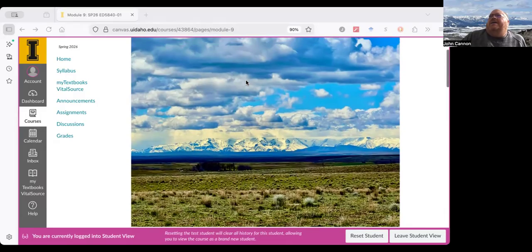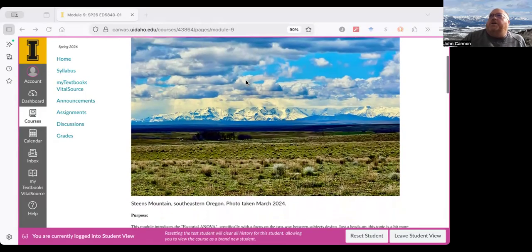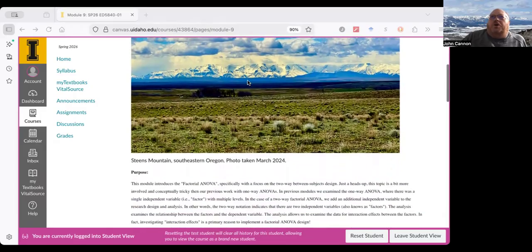Probably halfway between the Idaho state line and the Nevada state line. Anyway, just beautiful looking back toward the Steens Mountains. That's looking to the west, southeastern Oregon.